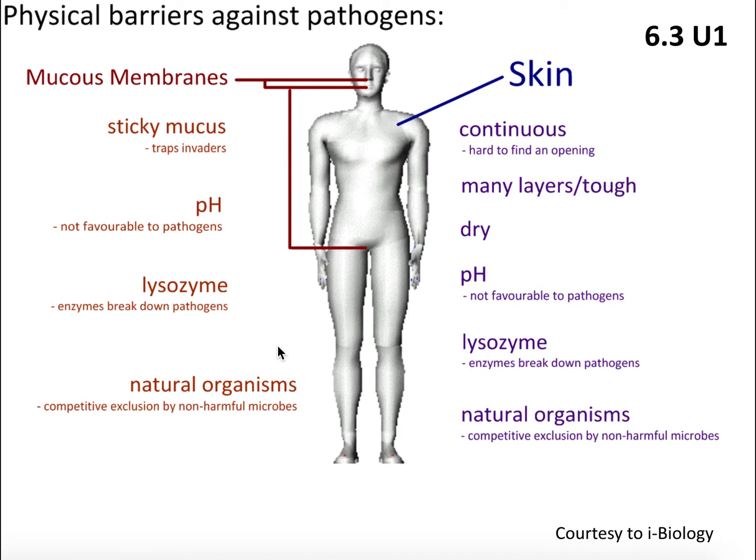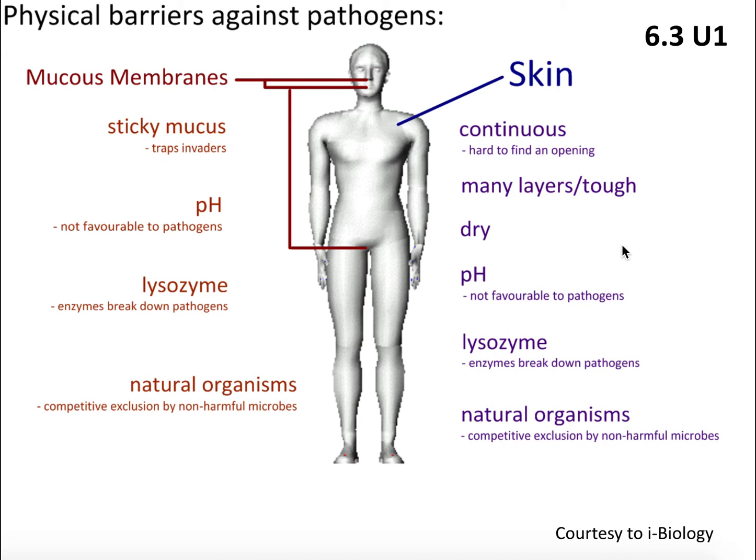Our first protector from infectious diseases, whether bacterial, viruses, parasites, or funguses, is our skin. The skin is continuous and it's hard to find an opening. There are many layers to our skin. There's not just one thin layer, there are multiple tough layers. The skin is dry, usually. The pH of our skin is not favorable to pathogens.